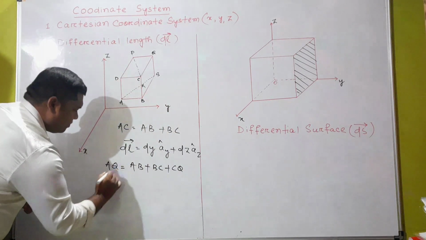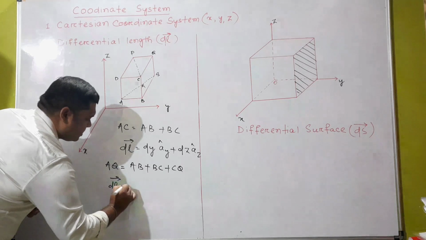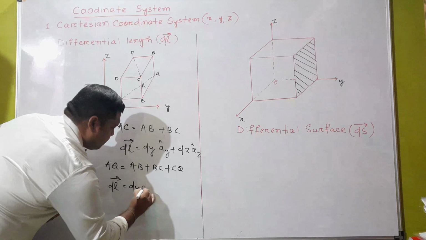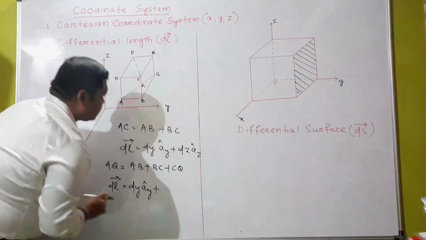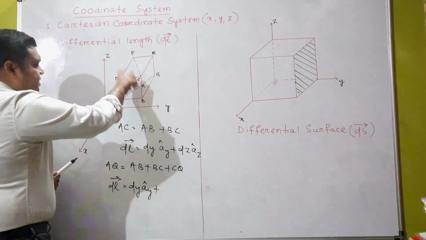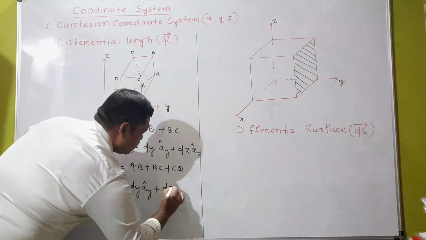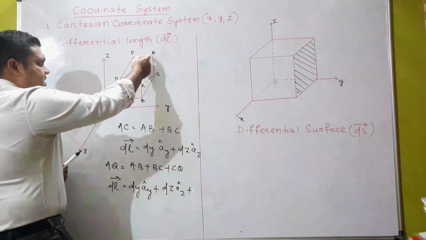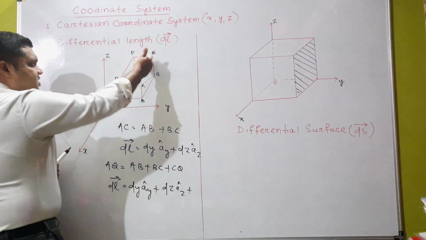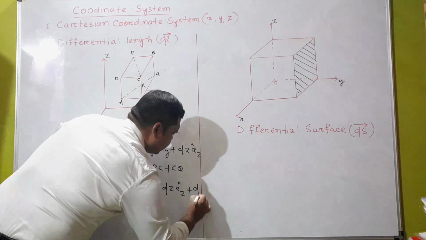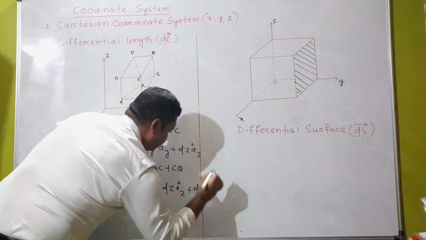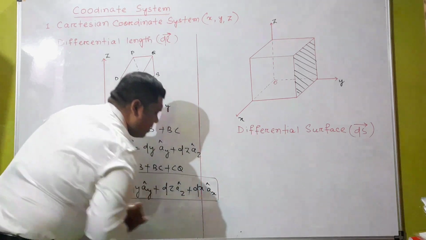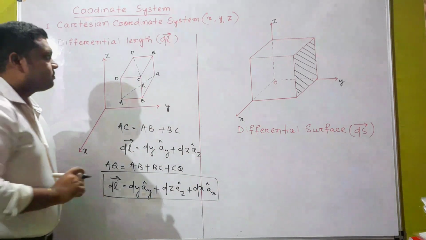So AQ can be written as dl vector, that is equal to AB, which is dy ay cap, plus BC, that is dz az cap, plus CQ, which follows the x direction, so this is dx ax cap. So this is the differential length in the Cartesian coordinate system.